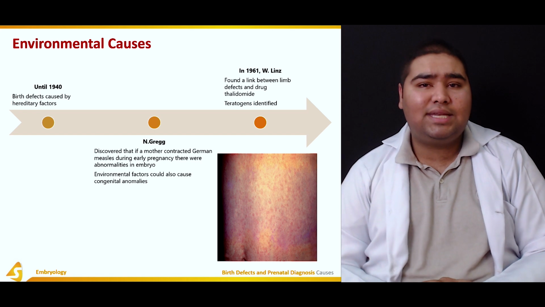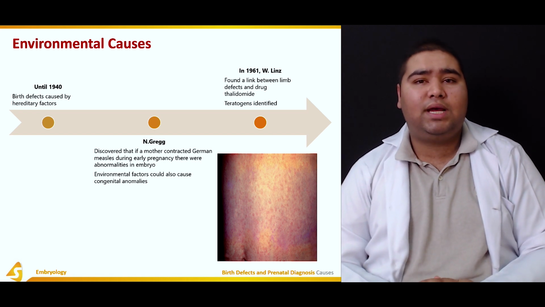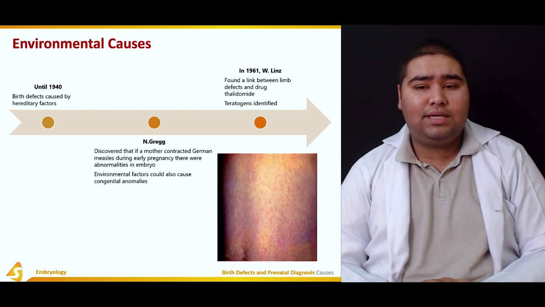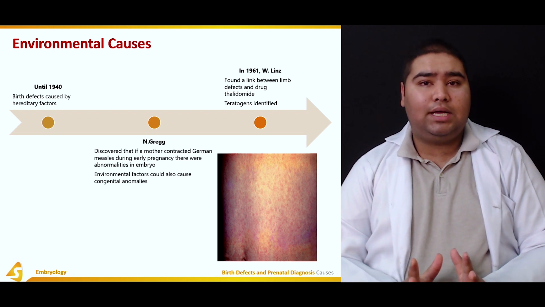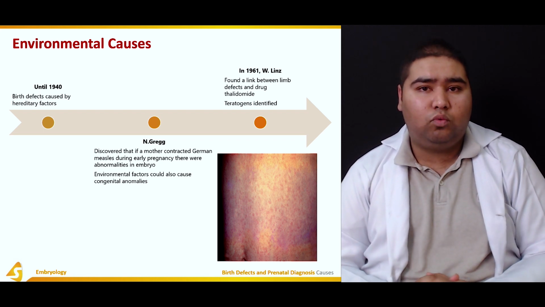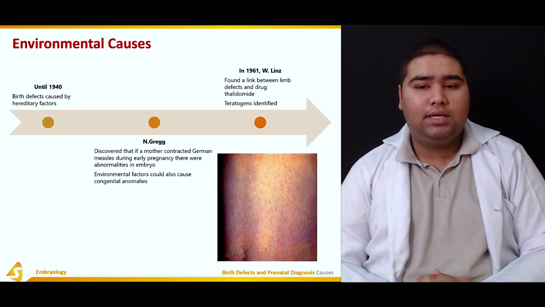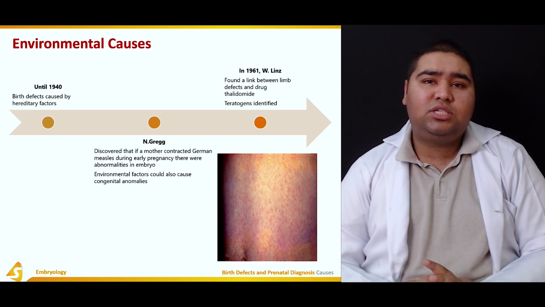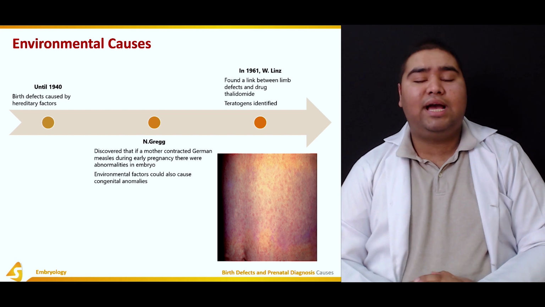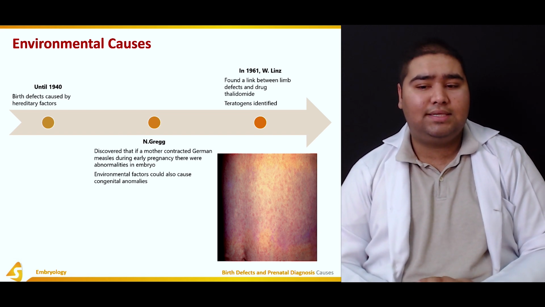When they investigated it, thalidomide came out to be the culprit, and as a result this teratogenic effect was discovered. The discovery of teratogenic effect led to the identification of thalidomide as a teratogen.